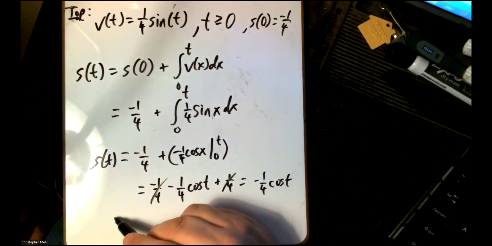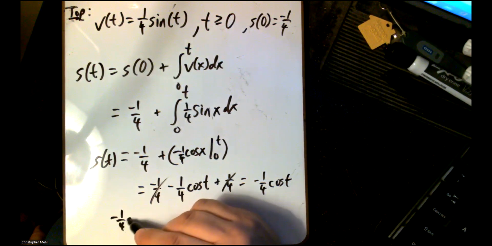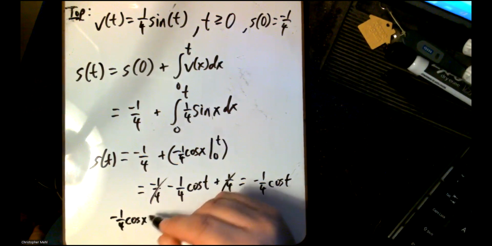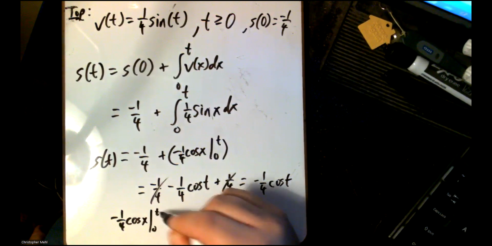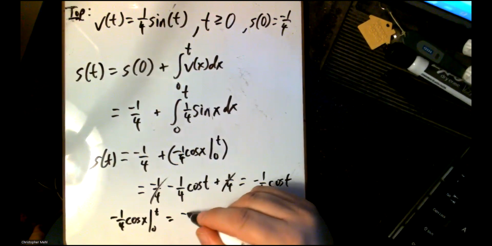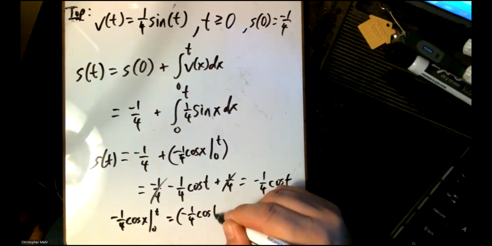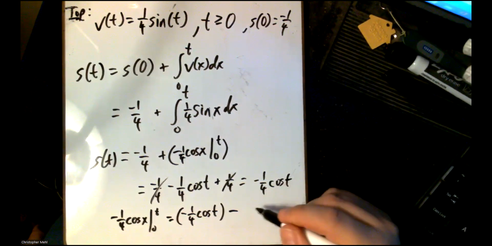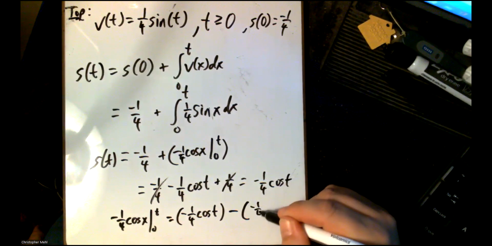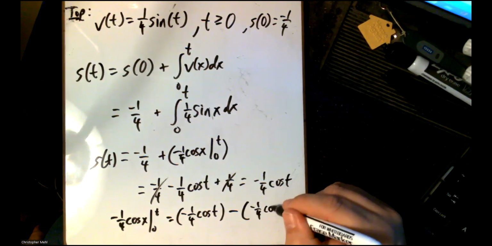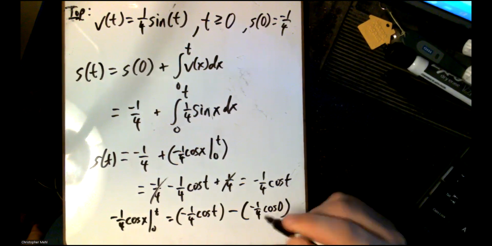So let's look at what negative 1/4 cosine x between 0 and t means. It means negative 1/4 cosine t minus negative 1/4 cosine of 0.